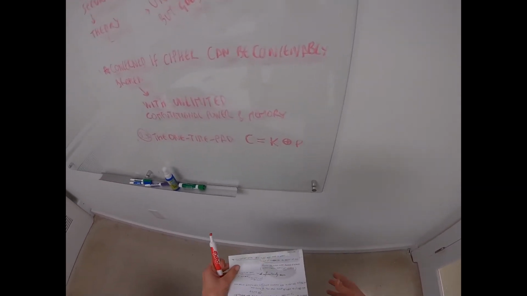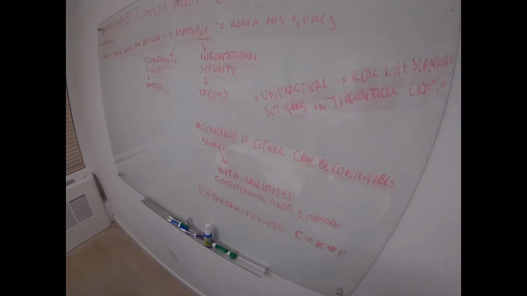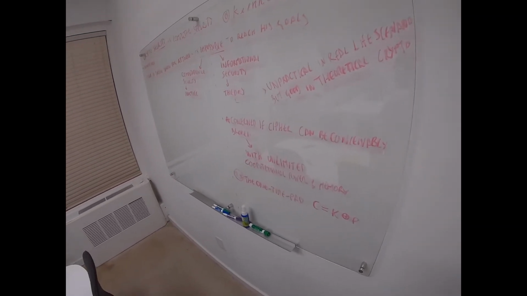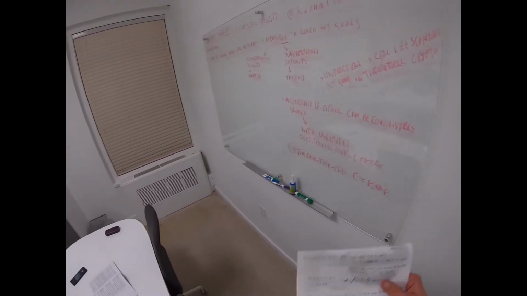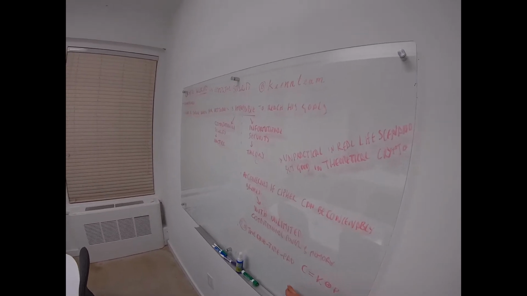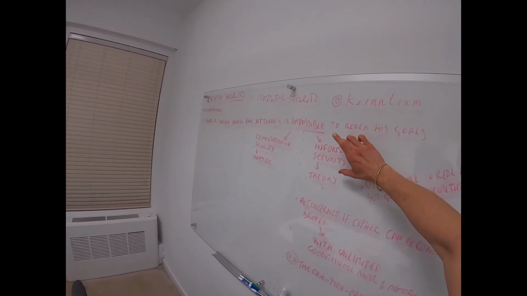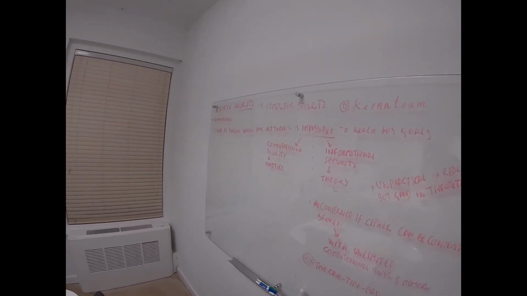Why? Because there are as many possible P's as there are possible K's. So given the nature of the one-time pad, the fact that you're picking a new key every time from randomness, it makes it an informationally secure cipher. All right, so this is about information security.